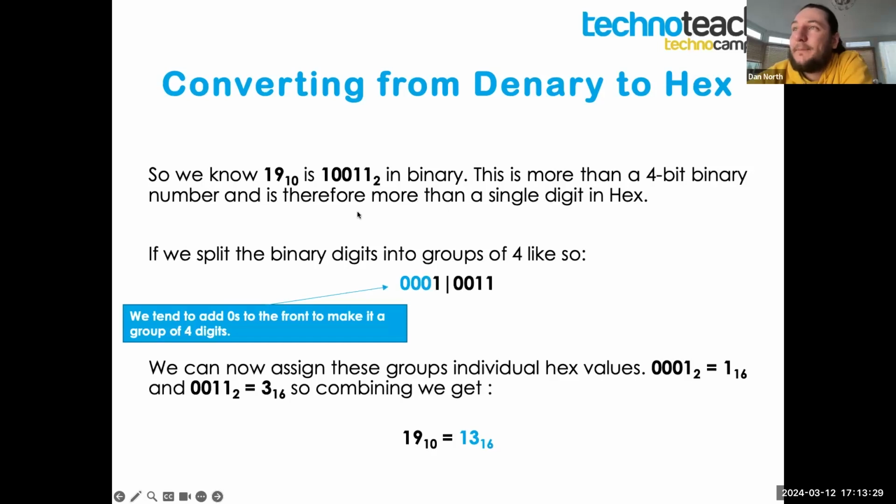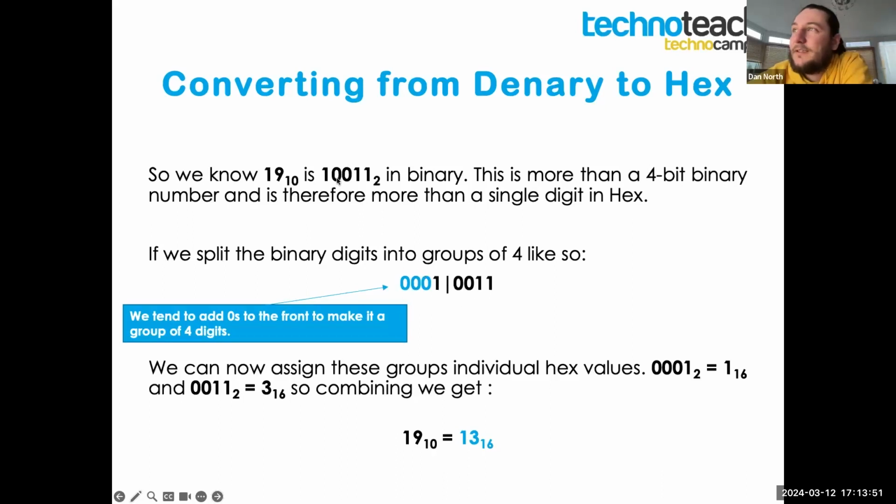a 4-bit binary number and is therefore more than a single hex digit. So we can split the binary digits into groups of 4, just like this. So we can add our zeros on the front, which makes it a bit easier for us to think about.